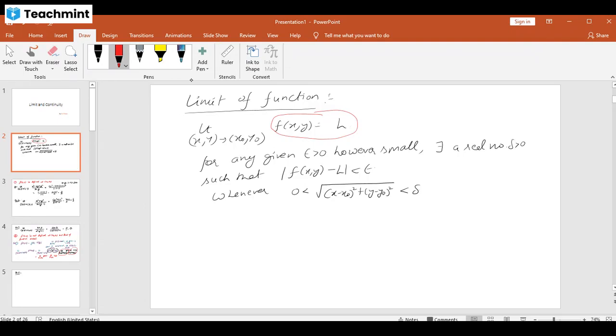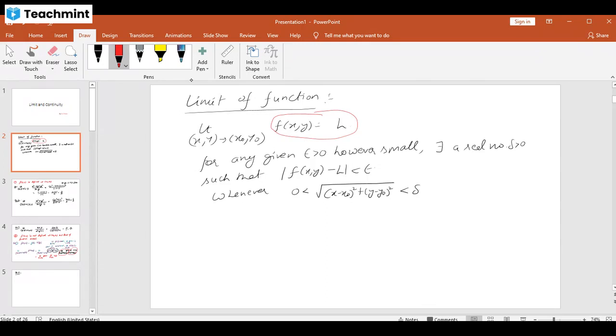That means whenever we choose a point in the neighborhood of the point (x naught, y naught), rather a deleted neighborhood, because while solving limit problems we find that it is not necessary that the function is defined at the point (x naught, y naught).